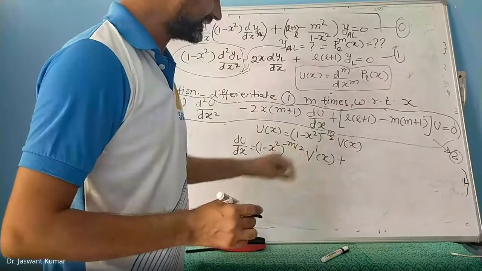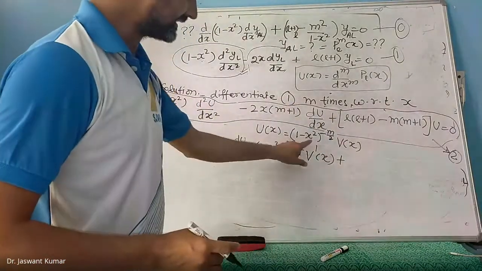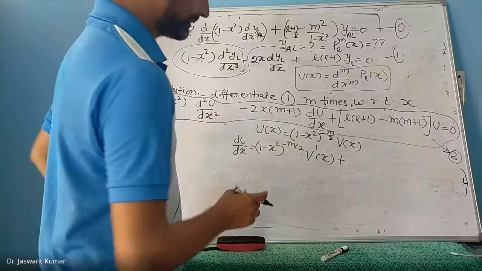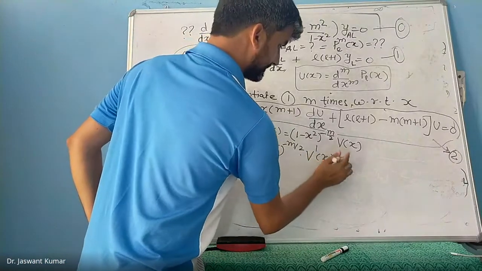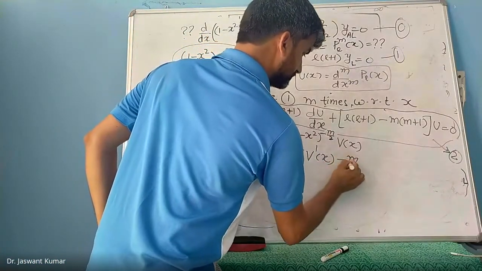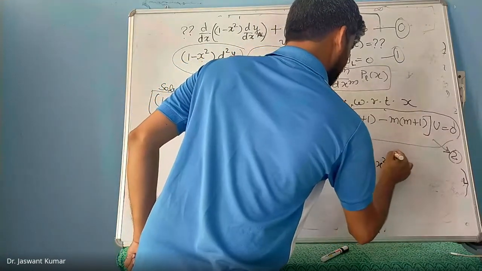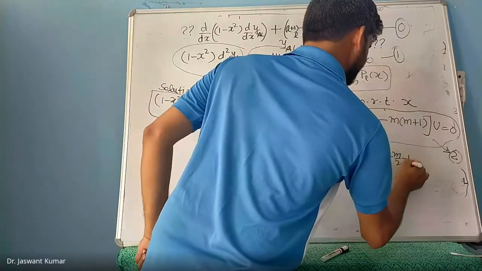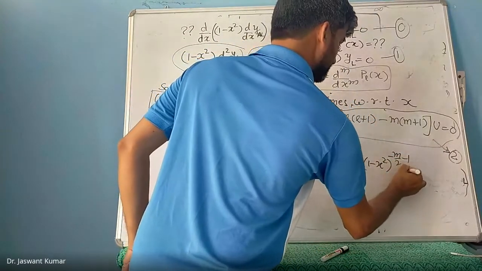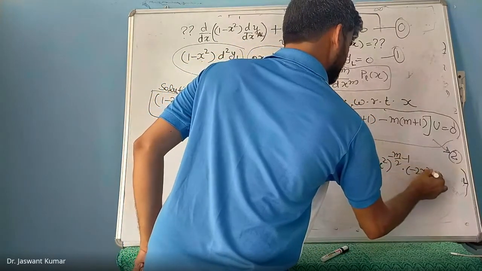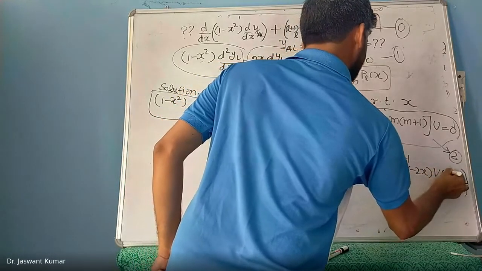But what is d by dx of this? Tell me. Minus m by 2 times (1 minus x square) to the power minus m by 2 minus 1 times minus 2x times v of x.